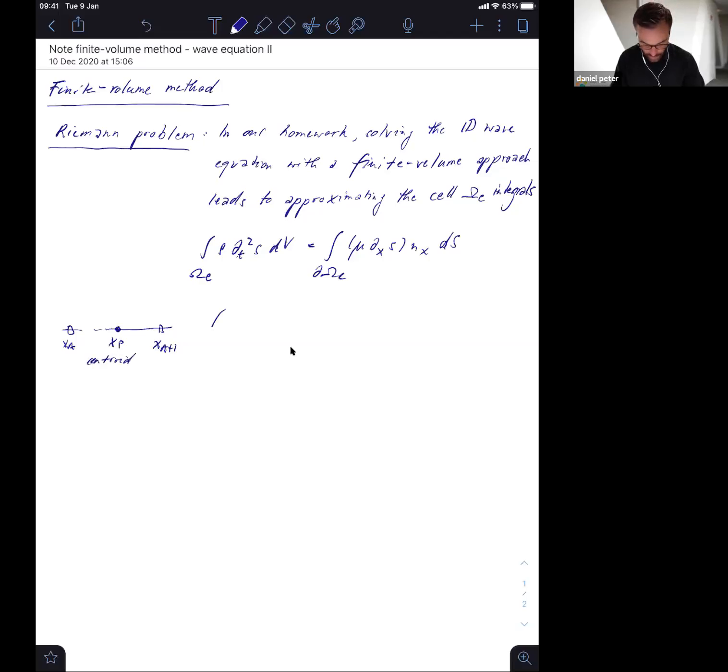And so this integral goes from XA to XA plus 1 of rho times the acceleration dx, which is equal to the stiffness term, where we have the shear modulus mu times the strain, which is the derivative of the displacement here. And we can write it in this way. So we have the mass term and the stiffness term.